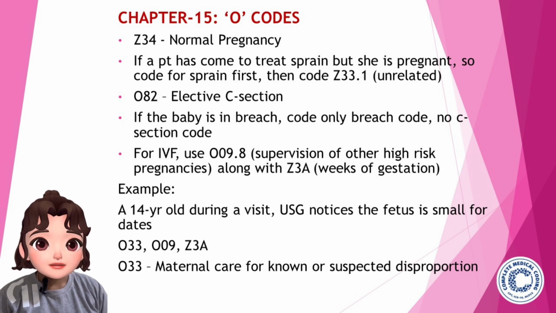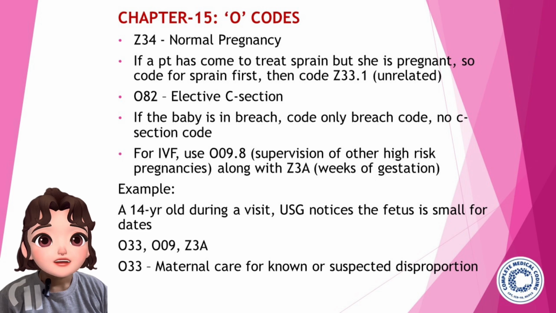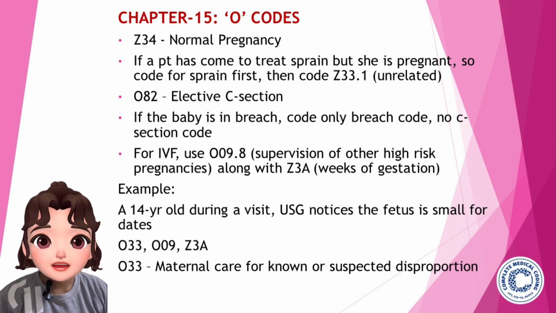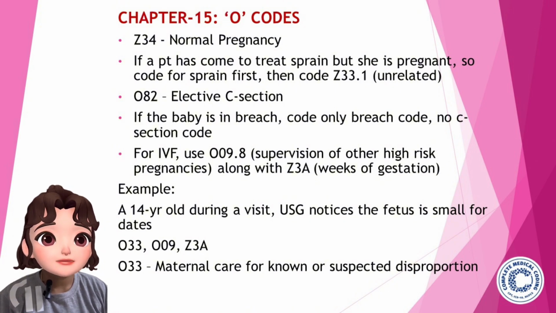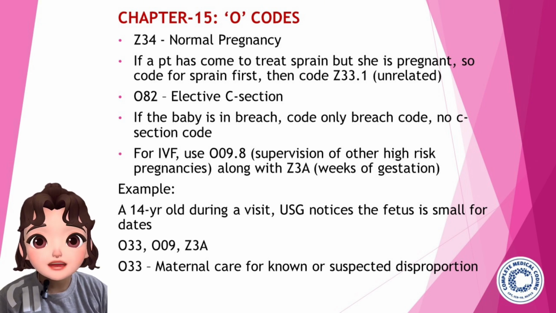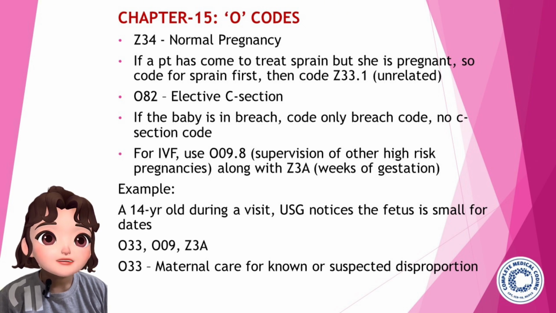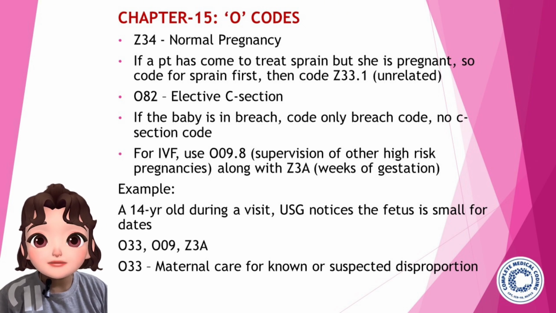For a fetus with some disproportion, or something which is a little complicated, for a complication for the mother, you have to use the code for maternal care, which is O33. Because here the mother is only 14 years old, so maternal care is important.